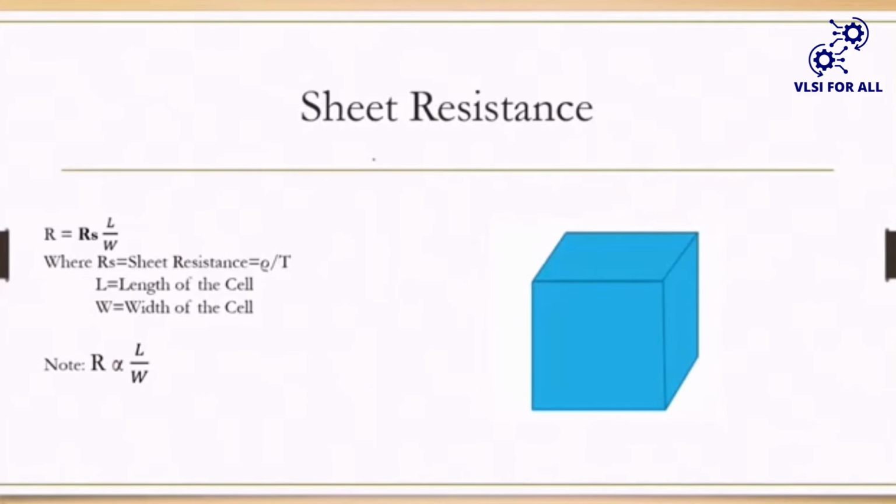For a given technology, the thickness is fixed, so ρ/thickness can be considered as sheet resistance RS, so that the resistance of a cell can be designated as RS × L/W, where RS refers to sheet resistance, L is the length of the cell, and W is the width of the cell. Now, team, from this definition, we understand the resistance of a cell is directly proportional to the length of the cell divided by the width of the cell.